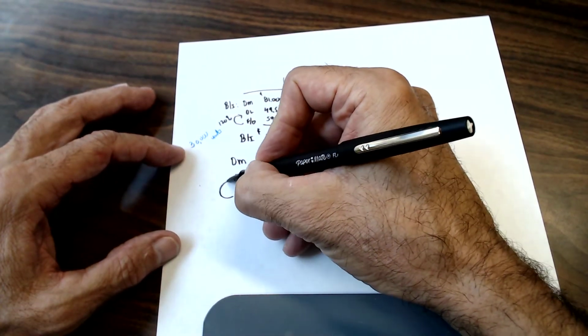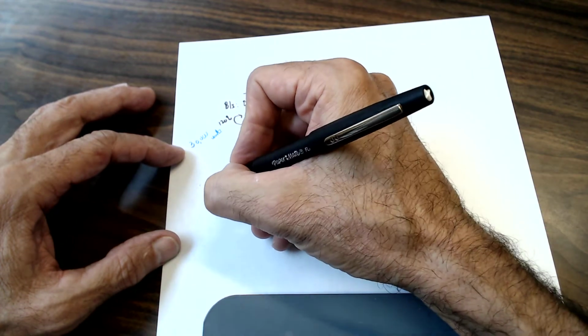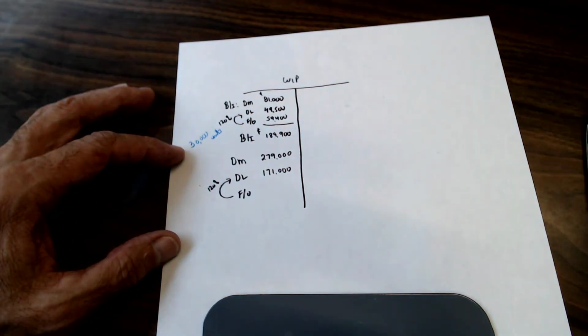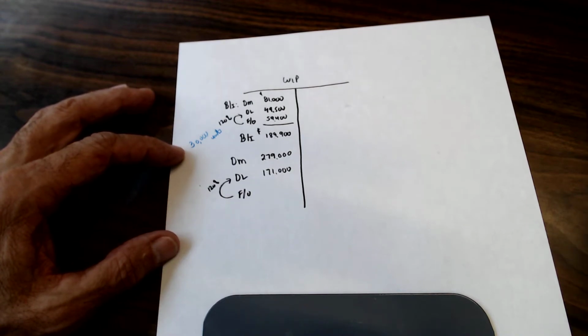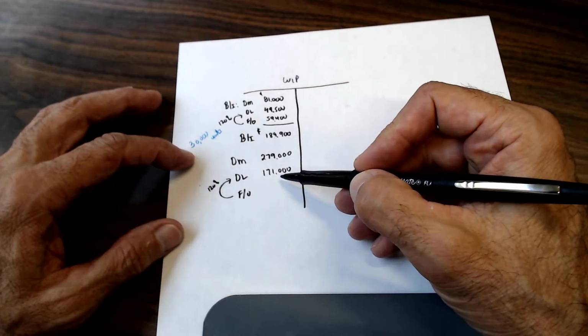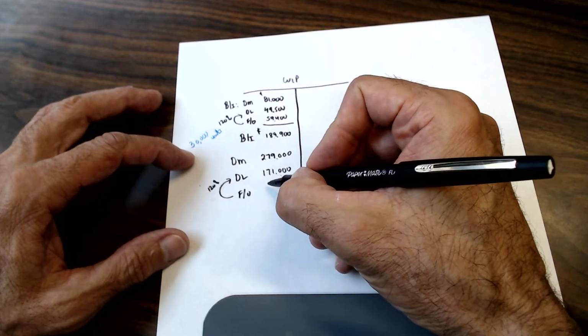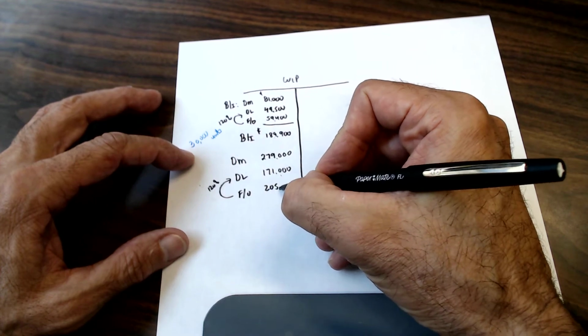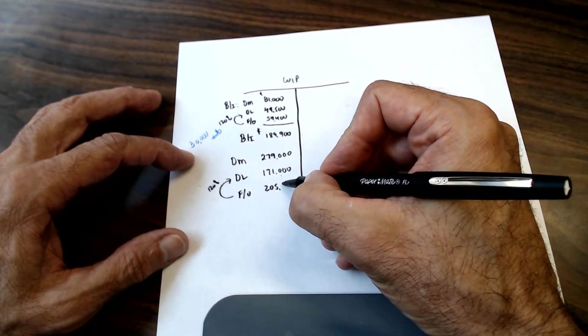And then factory overhead that we're going to apply at 120% of that is 120% of 171, which is $205,200.